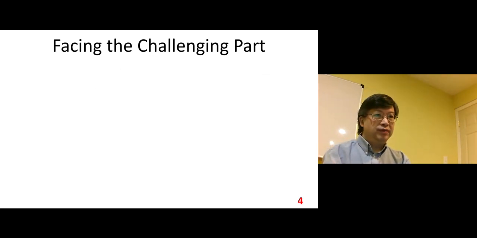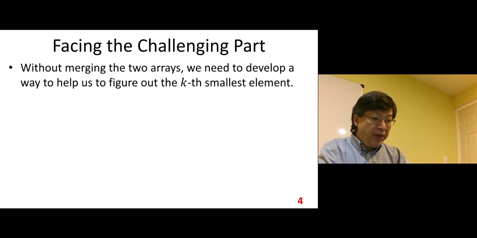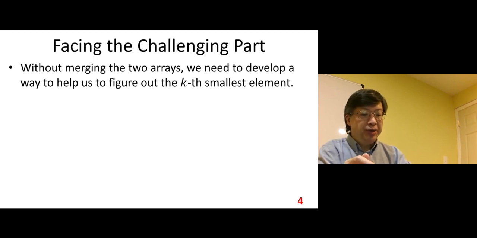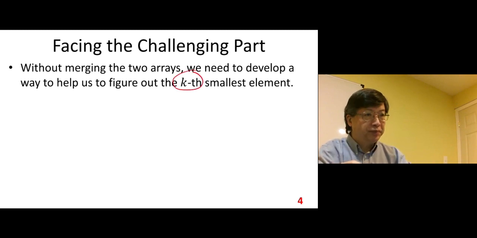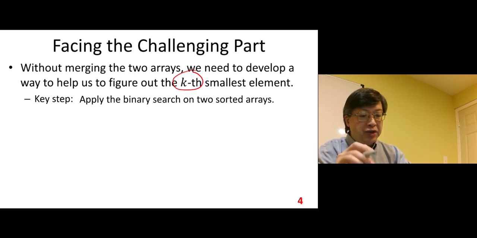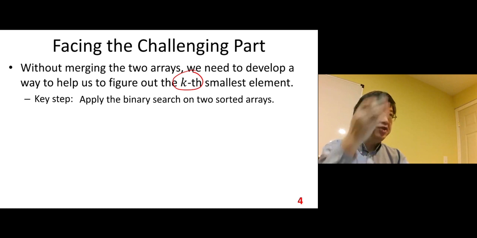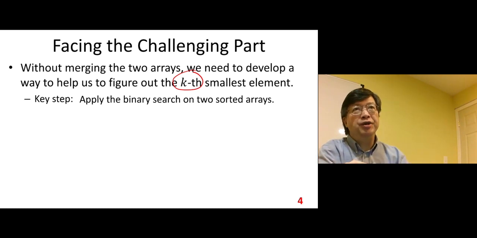Let's look at the selection, the challenging part. How do we make the right selection without merging the two arrays? We need to develop a way to help us figure out the kth smallest element. Key step: apply the binary search on two sorted arrays. We're not using binary search on one array, but here we have two ordered arrays.